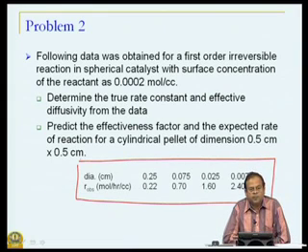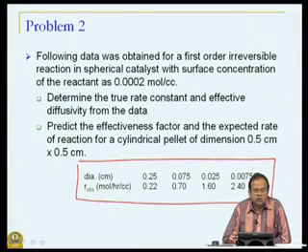From this we have to find the true rate constant and effective diffusivity, and predict the effectiveness factor and expected rate of reaction for a cylindrical pellet of dimension 0.5 centimeter by 0.5 centimeters.